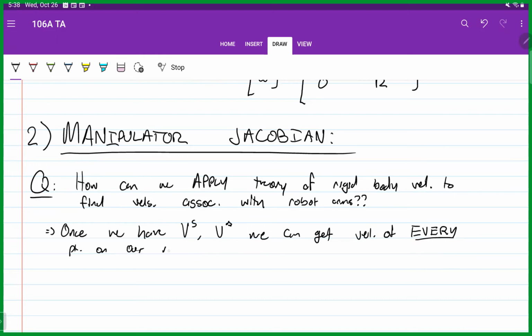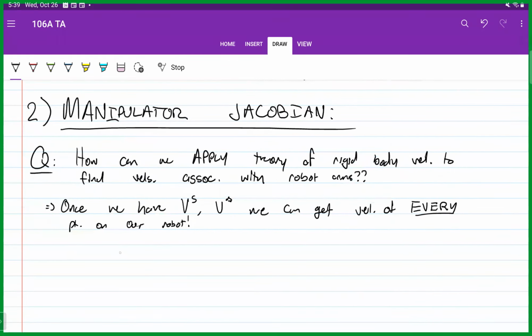This is really valuable. Say, for example, we're trying to develop a controller for our robot, and we want the tip of our robot to have some certain position and velocity in space. If we want to formulate that and have an idea of what joint velocities that's going to require, this is going to be really important for us to know.